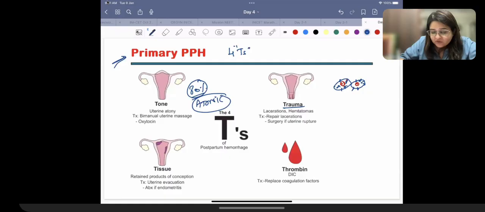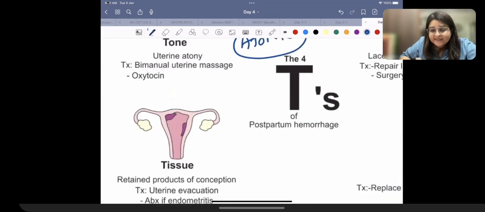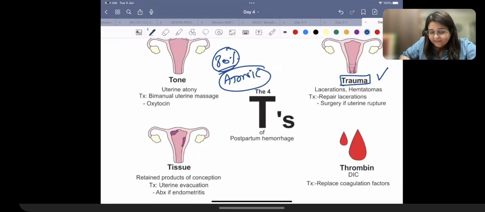Okay. Next cause is trauma. Trauma means a laceration, cervical laceration, vaginal tear, rupture uterus, vulval hematoma. All these come under traumatic PPH. Okay? What is tissue? Tissue is when a bit of the placenta gets retained. For example, a succenturiate lobe of placenta or a cotyledon gets left behind.